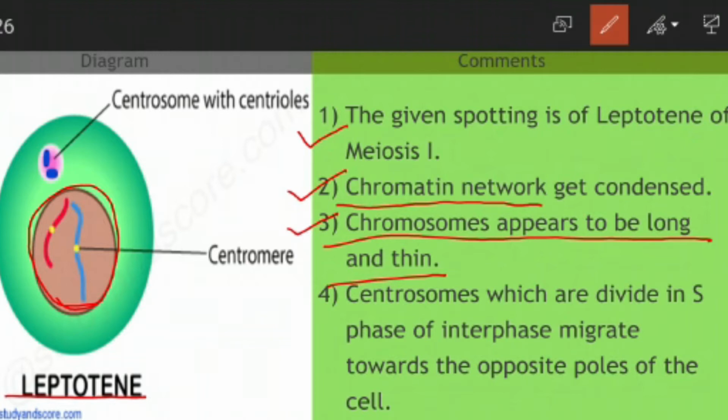Chromosome appears to be long and thin. What about the centrosome? The centrosome, which was already duplicated in S phase of interphase, starts migrating towards the opposite pole. So this is all about leptotene.